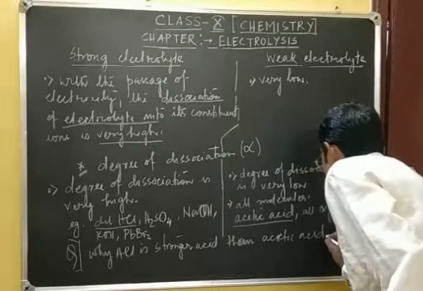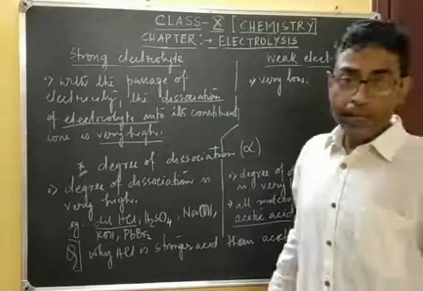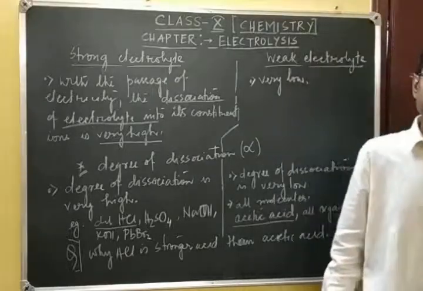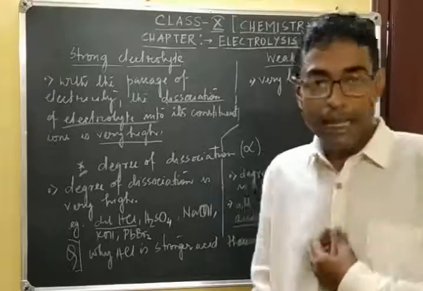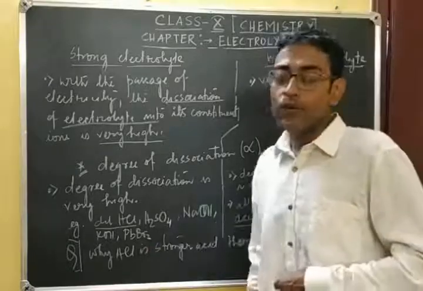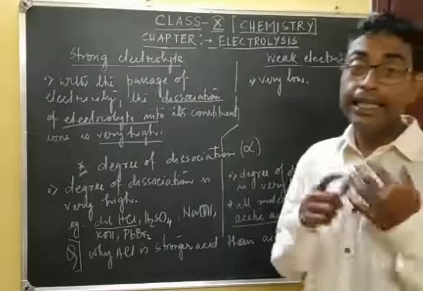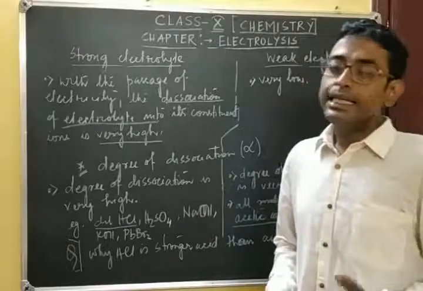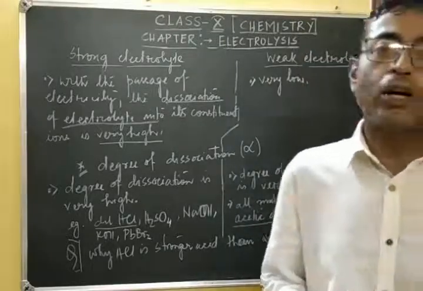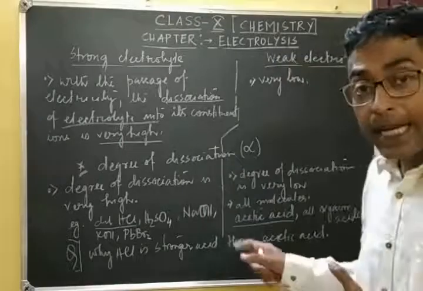So your answer will be: in a molten state or in fused state, when electricity passes through them, HCl undergoes a very large degree of dissociation. That means they can produce a large number of hydrogen ions and chloride ions.